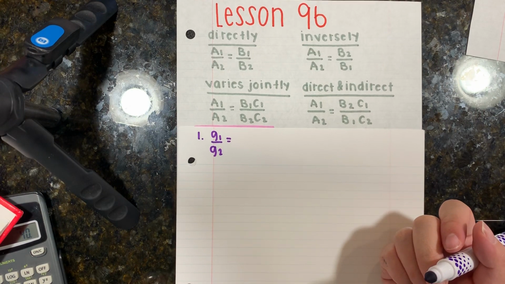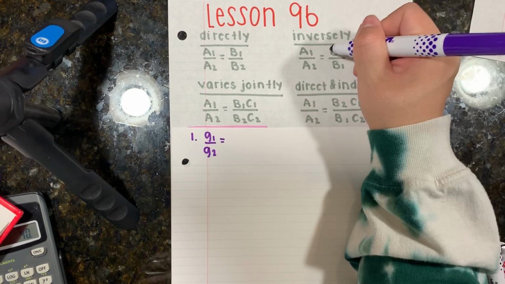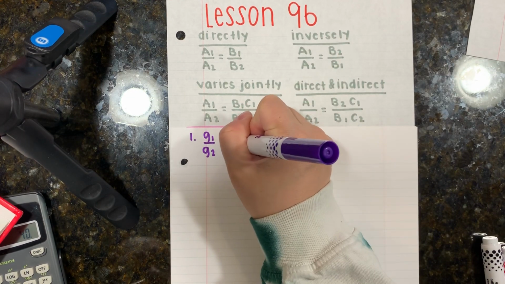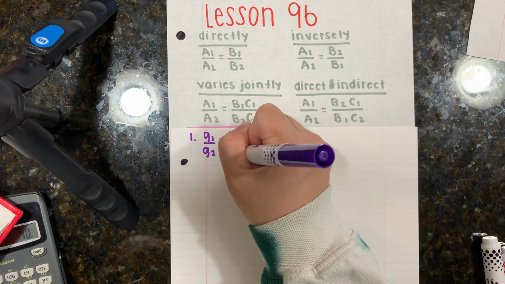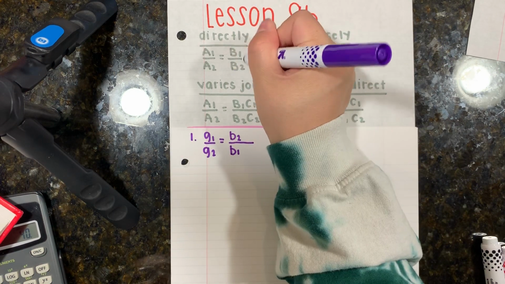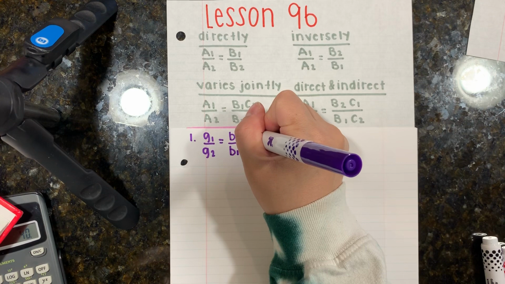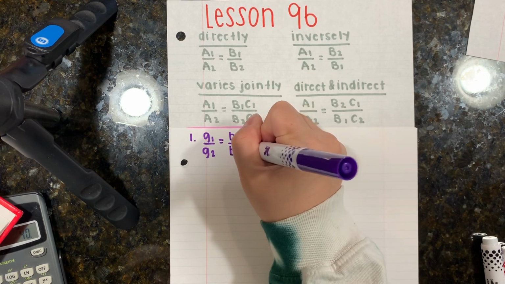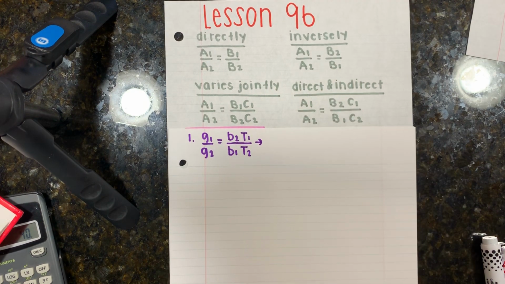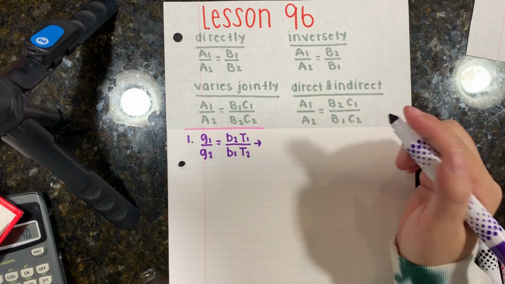And it says it varies inversely to the number of boys. Well, inversely would go like this, so that would be B2 over B1. And directly as the number of teachers, well, directly goes like this, but instead of B1, I would put T1 and T2. And now I'm going to just plug in the information that they give us.